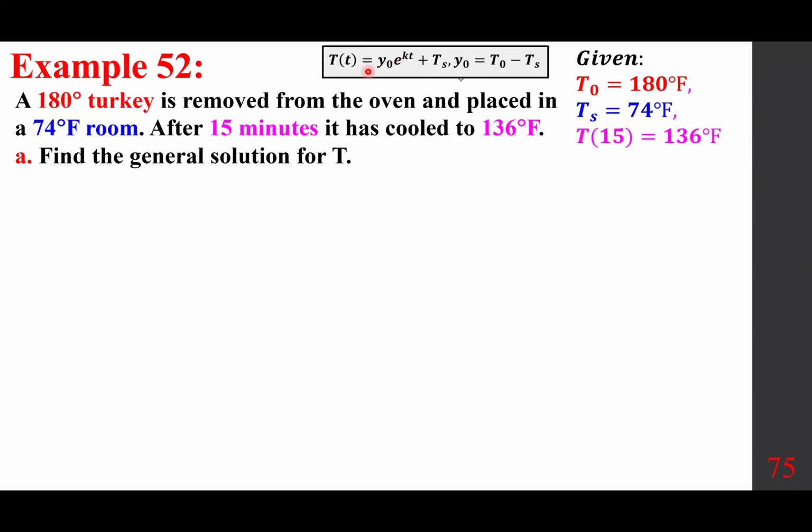So we are going to go with this formula. We have proved y sub 0 is T sub 0 minus T sub s. So the difference between the two is y sub 0. 180 minus 74 is 106.